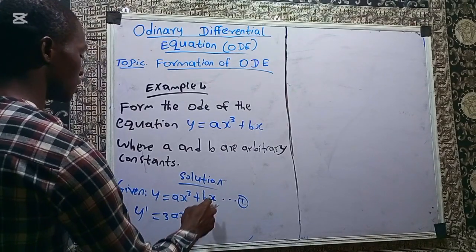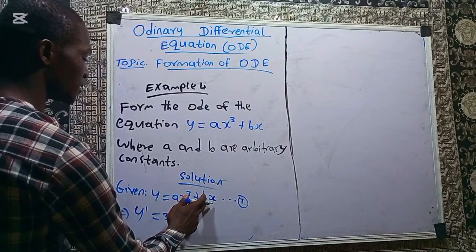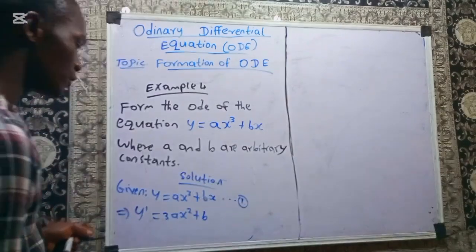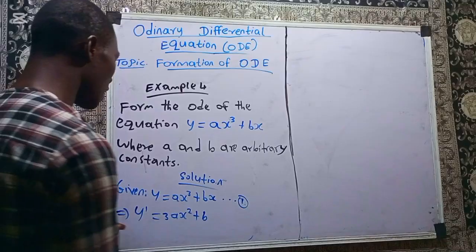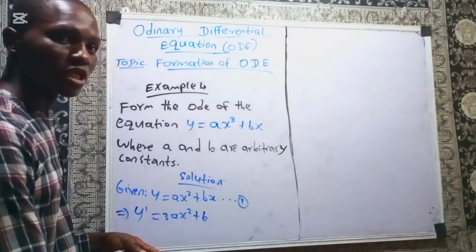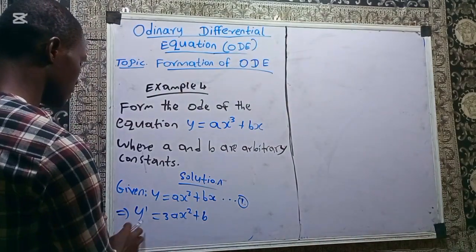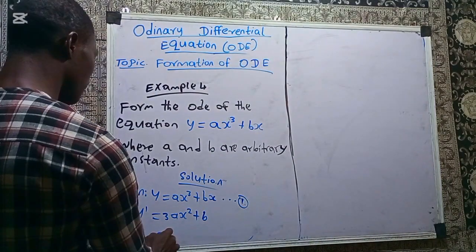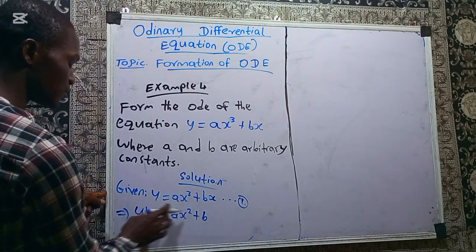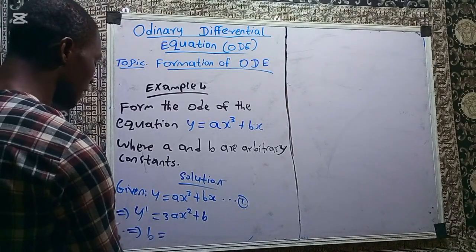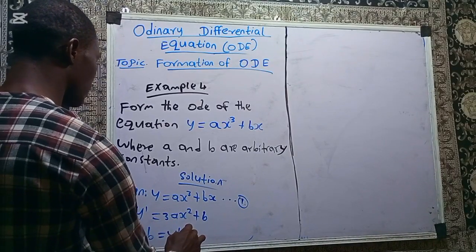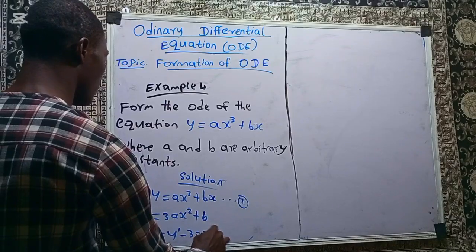Then differentiating bx, you get b. With this, I can make b the subject of the formula. So b will be equal to y prime minus 3ax raised to power 2.